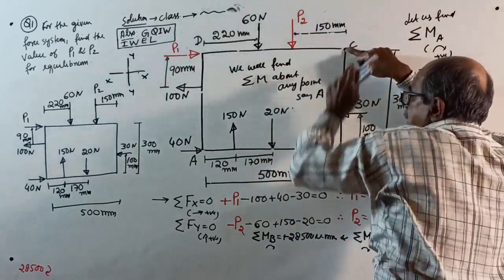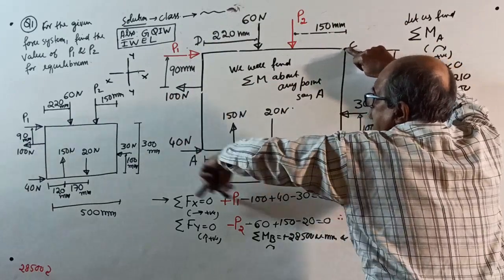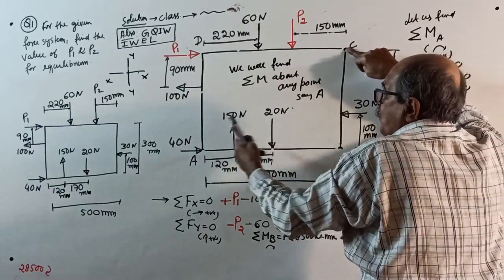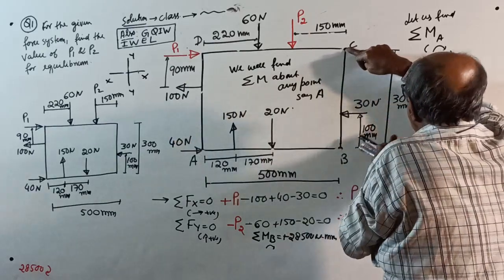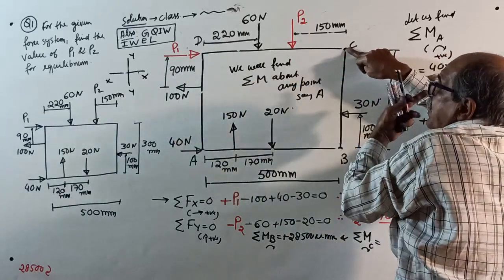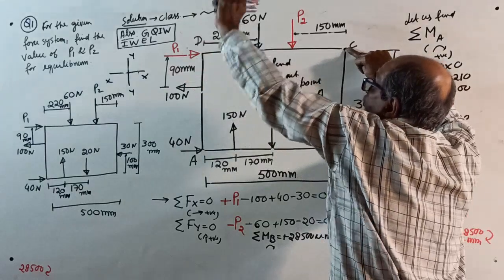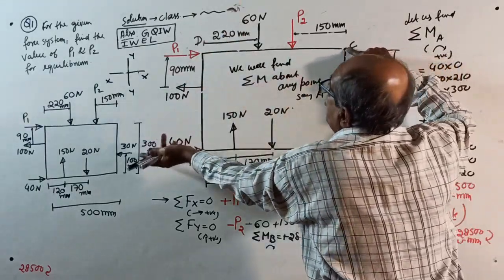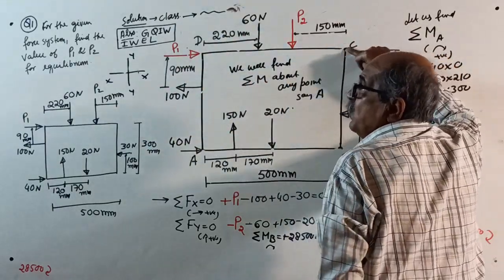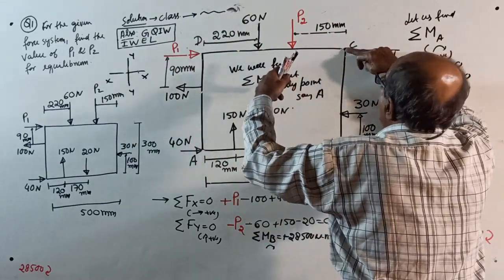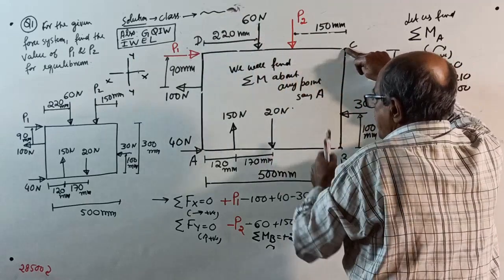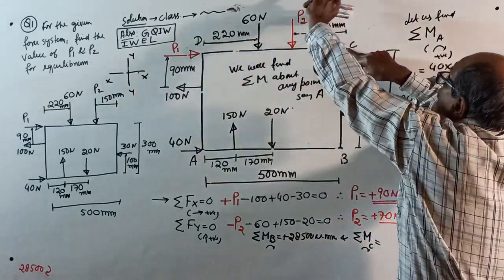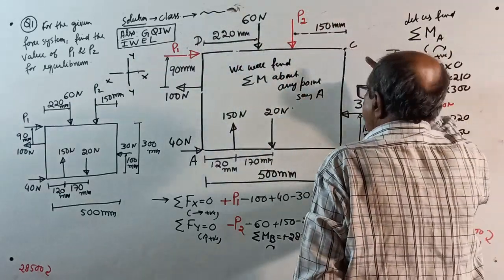Plus 150 into 380. Now 40 is not into 0. When you took moment about A and B, 40 into 0. But now 40 into 300 anti-clockwise, plus 100 into 90, plus P1 into 0. Then minus 60 into 280. Why 280? 500 minus 220. Minus P2 into 150.